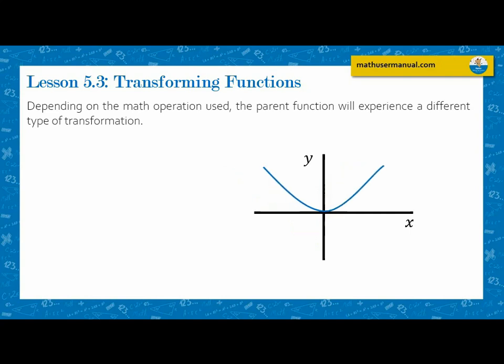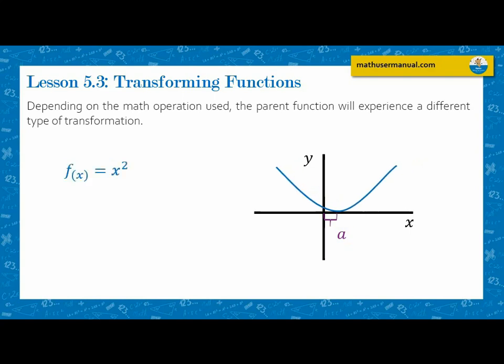Then, of course, if positive means to the left, then negative means to the right. In this situation, we have negative a inside of the parentheses, which means we have to move to the right in the positive x direction. So negative a inside of the parentheses, we move to the right.